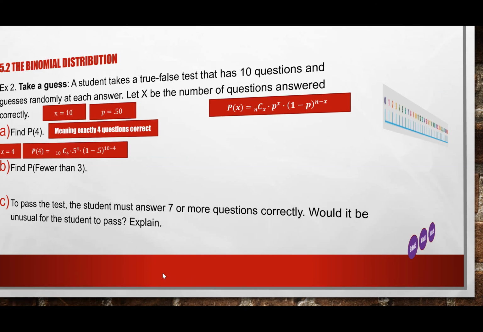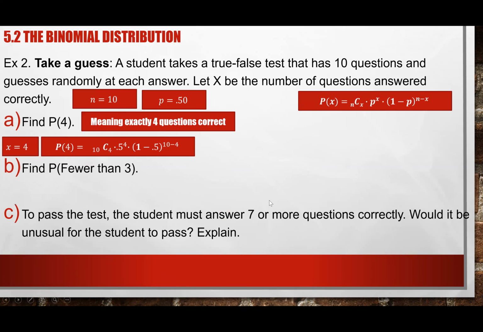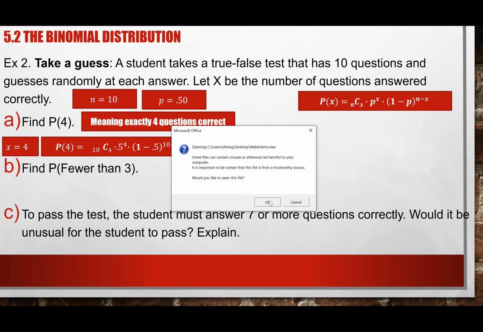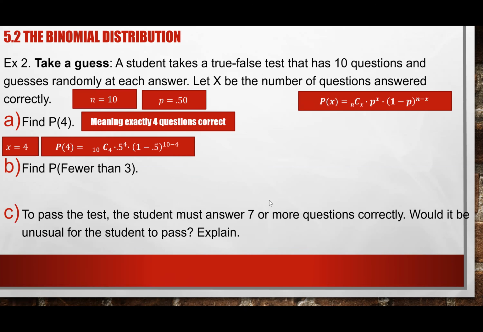If you were to have this, let's take a look at this item here. Reminder, how do we do the NCR? You hit 10, then you go to math and go to probability, which is my NCR. So 10 NCR 4, that's what I have. 10C4 will give me 210.